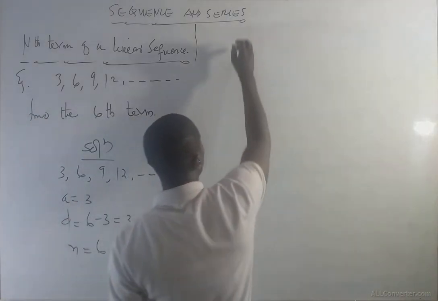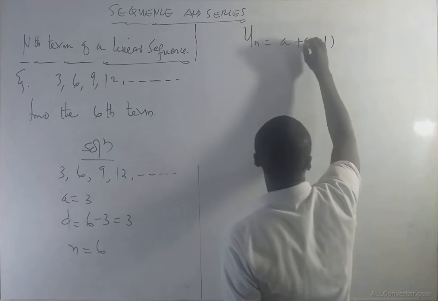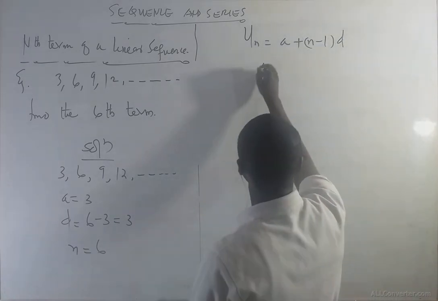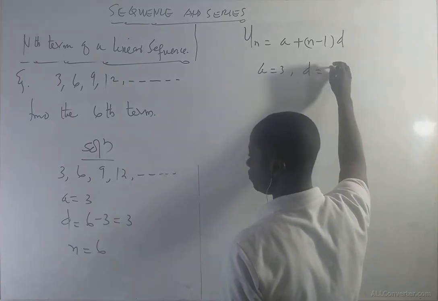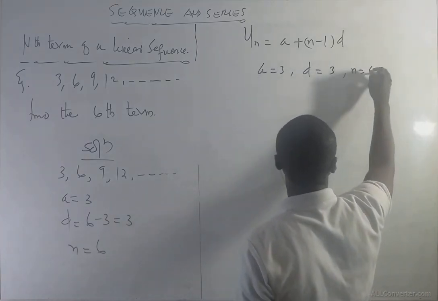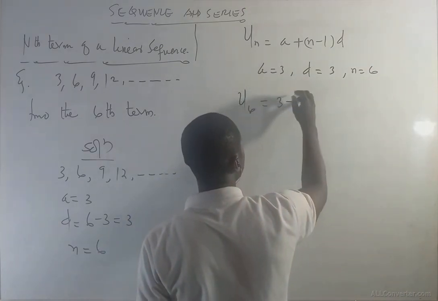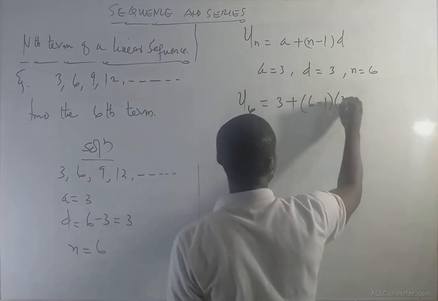Now the formula is un equals a plus (n minus 1) times d. Now a is equal to 3, d is equal to 3, and n is equal to 6. So u6 is equal to a, that is 3, plus (n minus 1), that is 6 minus 1, times d, and d is 3.